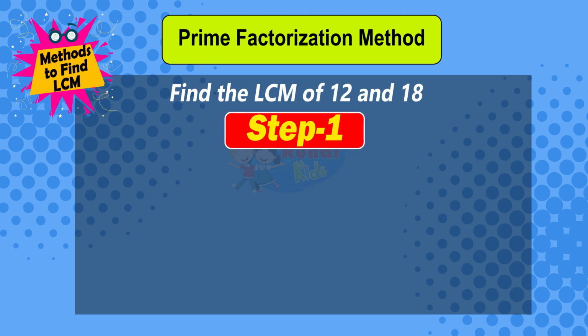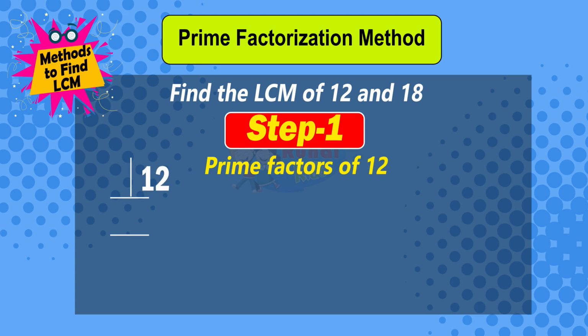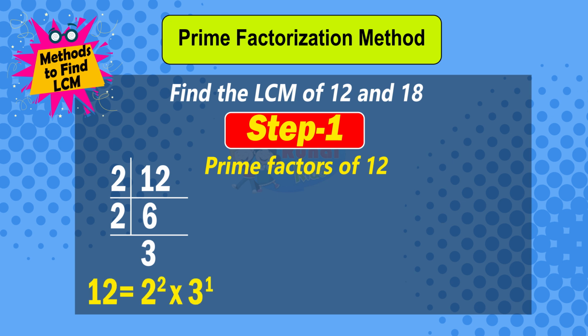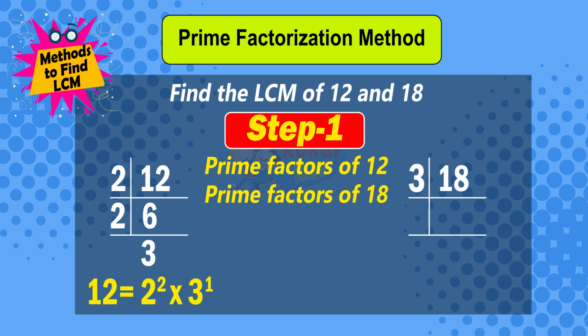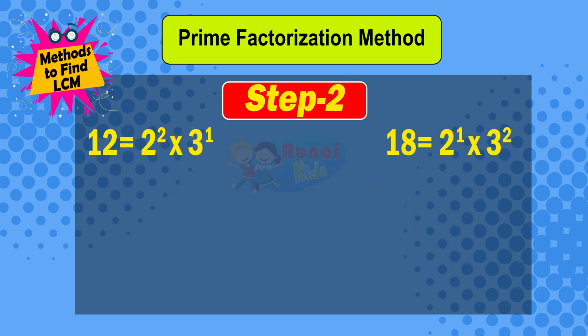Step 1. Prime factors of 12. 12 equals 2 to the power 2 into 3 to the power 1. Prime factors of 18. 18 equals 2 to the power 1 into 3 to the power 2. Step 2.